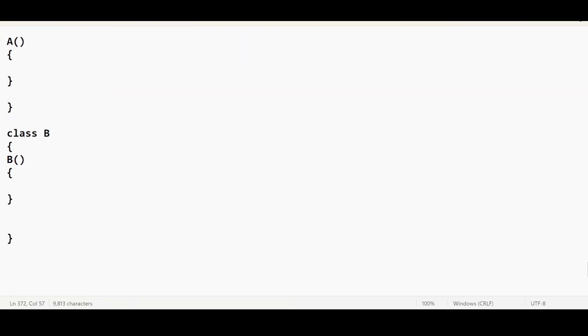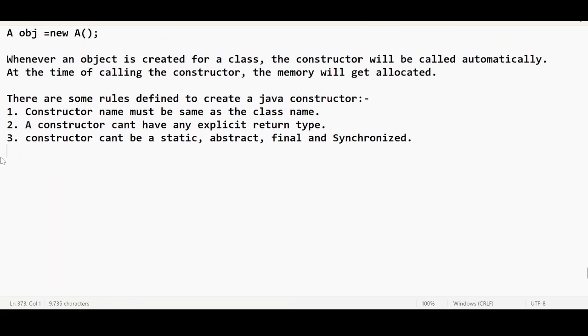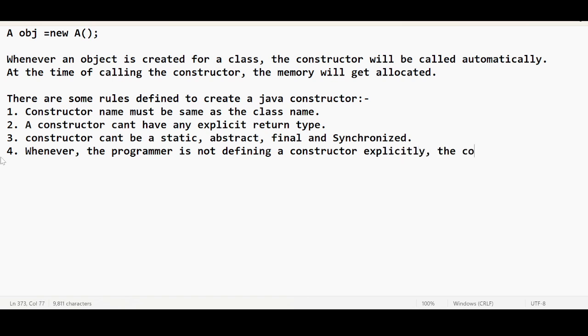Okay, and the fourth point is, let me remove all this. The fourth point says, whenever the programmer, so you are a programmer, I am also a programmer, whenever the programmer is not defining a constructor explicitly, the compiler will place a constructor.